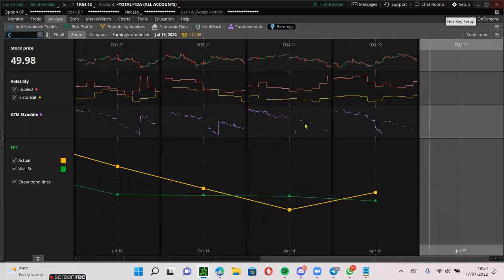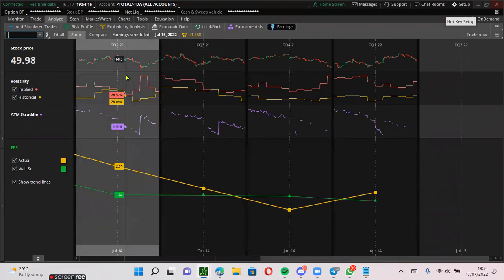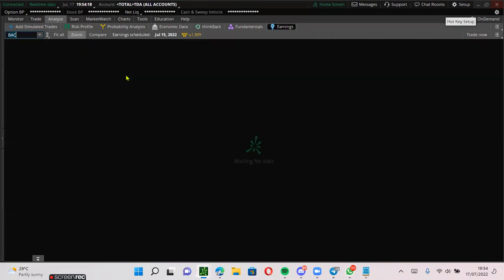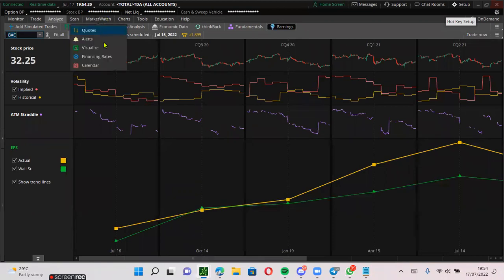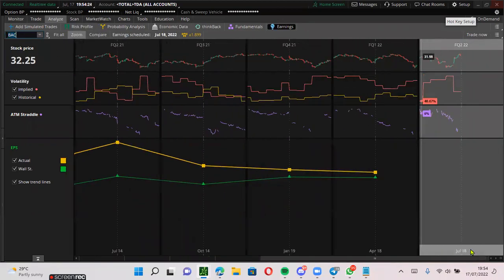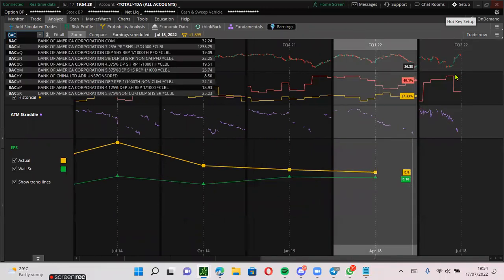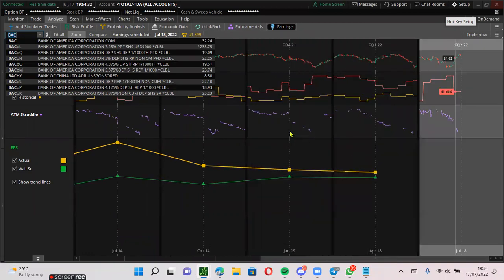Now the same thing for Bank of America. They did okay. The margin is not a big one, but it's not that bad.